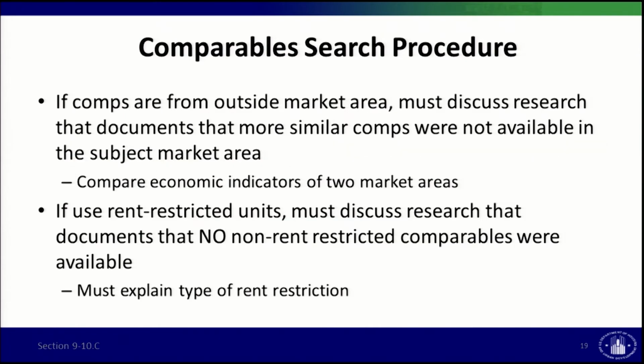If the comps were outside the market area, you have to discuss research you undertook that better comps were not in the market area. If you include rent-restricted units in the RCS, then you really have to discuss the research that no non-rent-restricted units were available and have to explain the type of restriction in the guide.